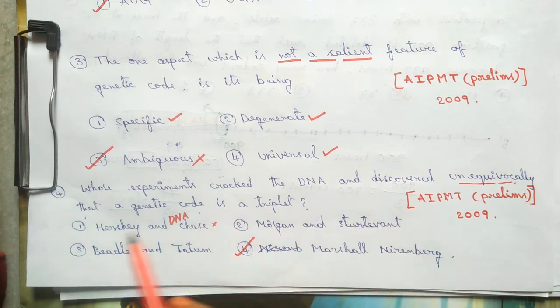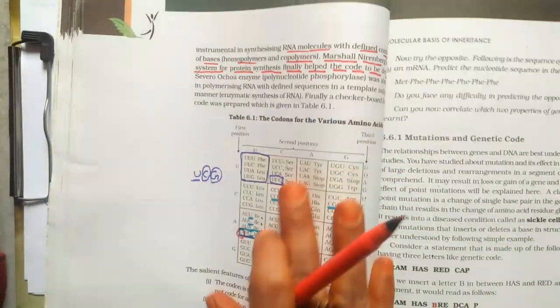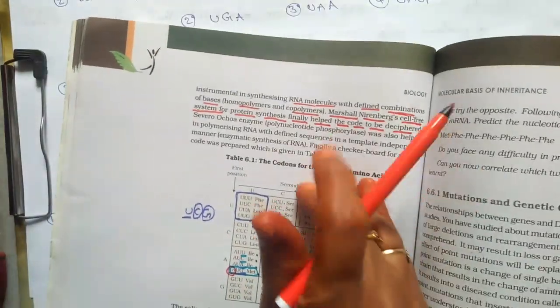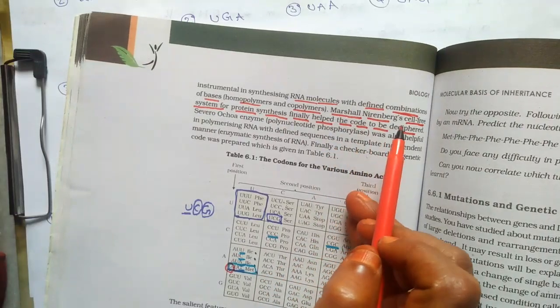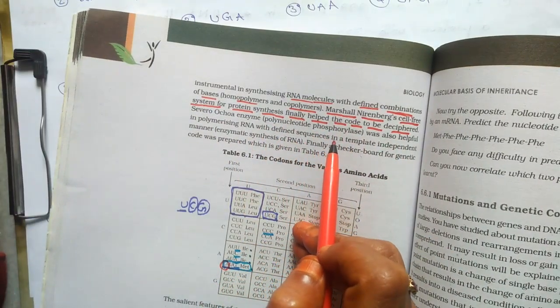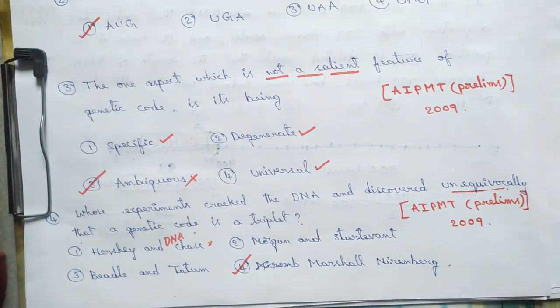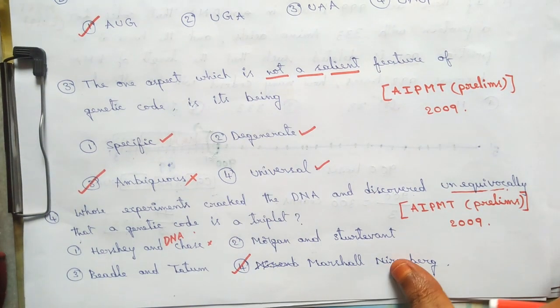His experiments cracked that the genetic code is triplet. This is mentioned in NCERT very clearly. I will show you that NCERT line. So here it is mentioned that Marshall-Nirenberg's cell-free system for protein synthesis finally helped the code to be deciphered. So Marshall-Nirenberg.